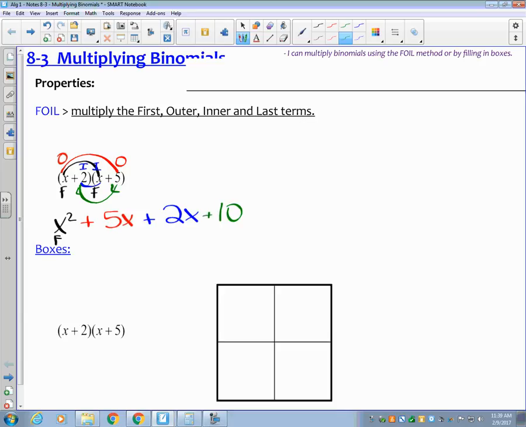So first, outsides, insides, and lasts. The way I think of it, it doesn't matter which order, but thank you for doing my spell check.